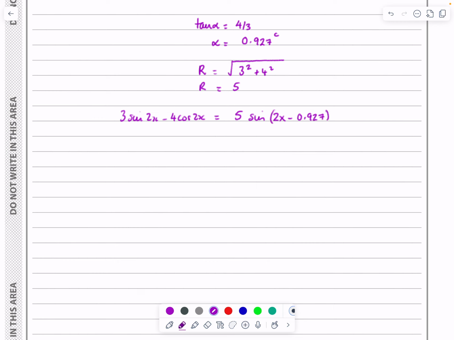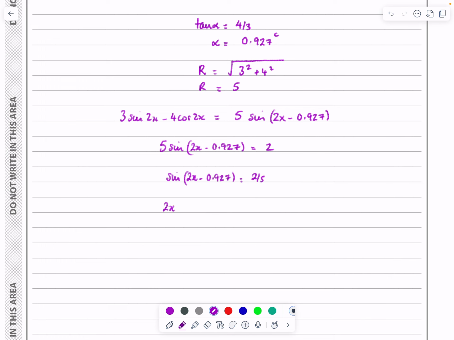So now if I'm trying to solve the equation, I'm going to say 5 sine (2x minus 0.927) is equal to 2. From here on in, it's relatively straightforward. You just need to be aware of that range of values, remember, as we were going through. So if I've got that, I get that sine (2x minus 0.927) is equal to 2/5.